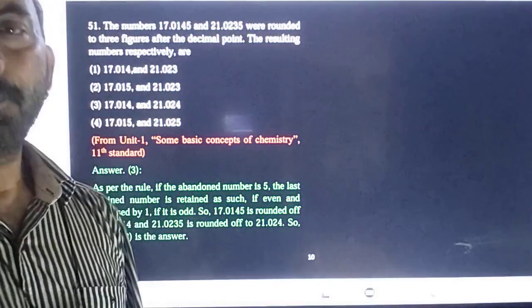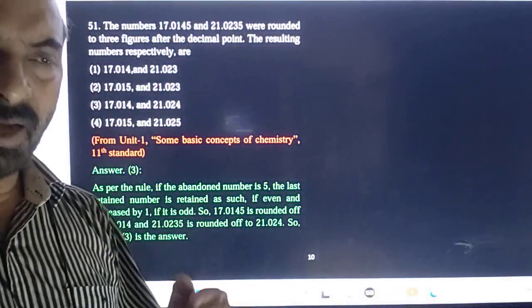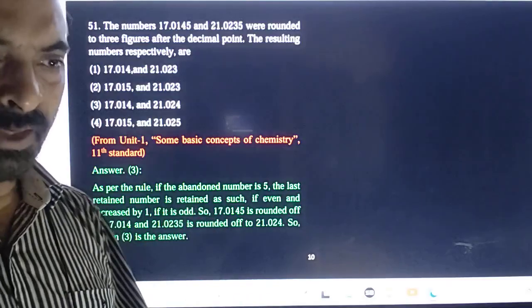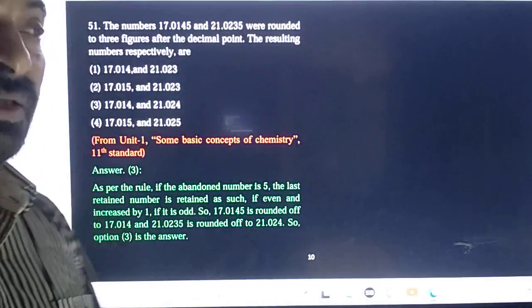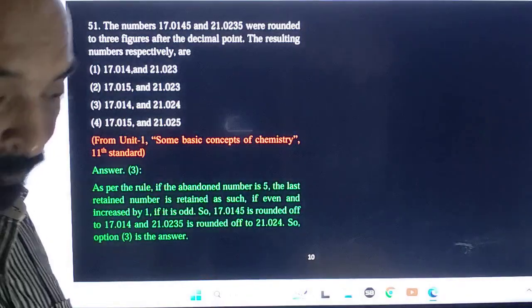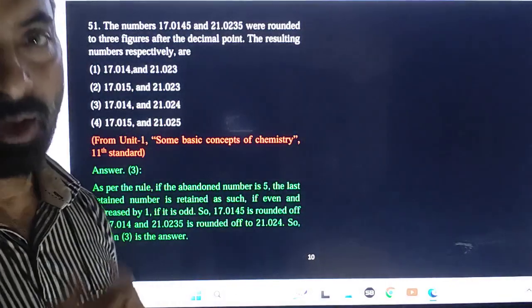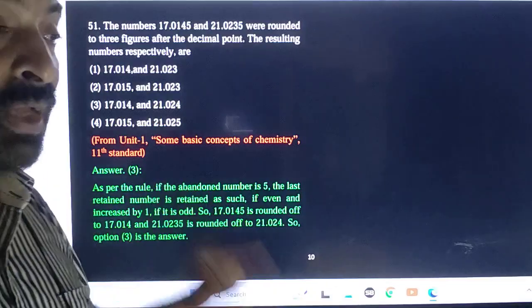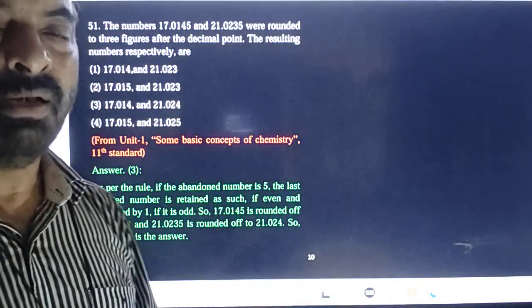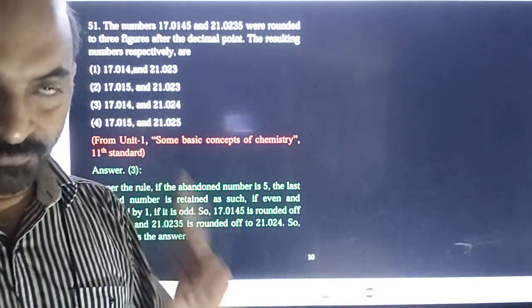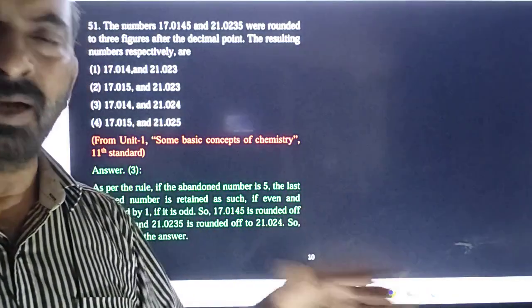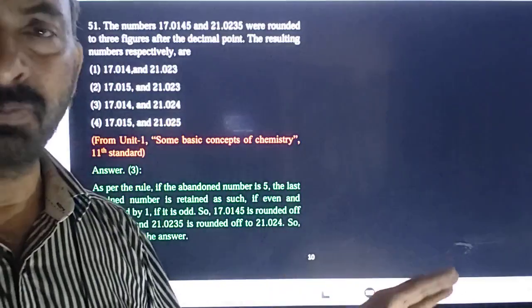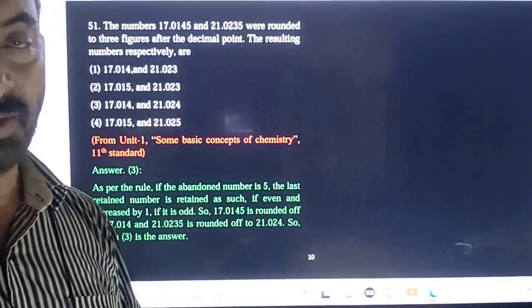You know that whenever the eliminated first figure is 5 or 5 followed by 0, then while you eliminate them, you have to increase the last retained figure by 1 if it is odd, or simply discard the numbers to be eliminated if it is even.